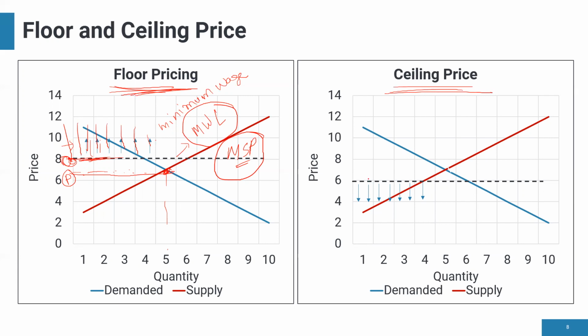Sometimes the rent of houses becomes very high in certain cities, and it becomes very difficult for people to stay or live there. So in that case, the government imposes a ceiling price. Ceiling means something that comes just above your head. That means you can't set a price above this.